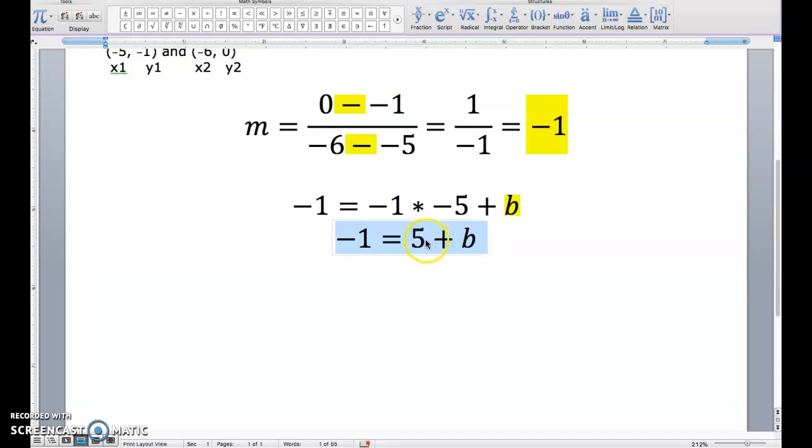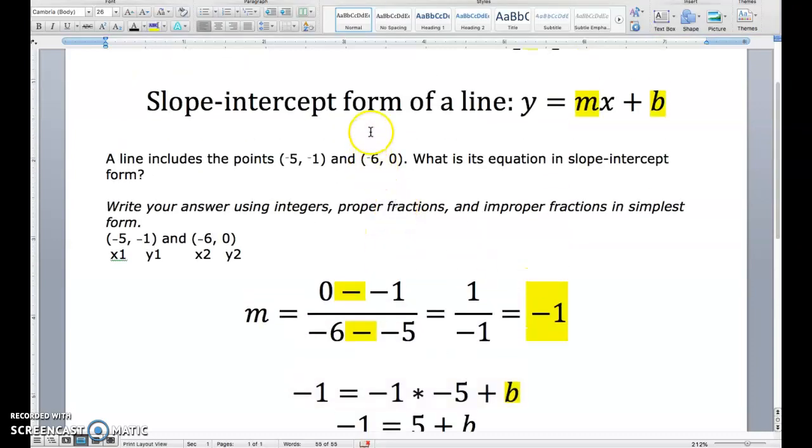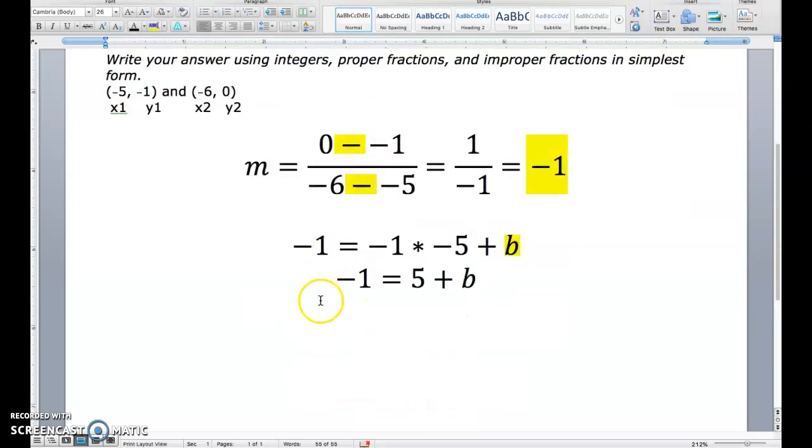So let's do that. Subtract 5 on both sides of the equation. Subtract 5 from that side. Subtract 5 from that side. There.